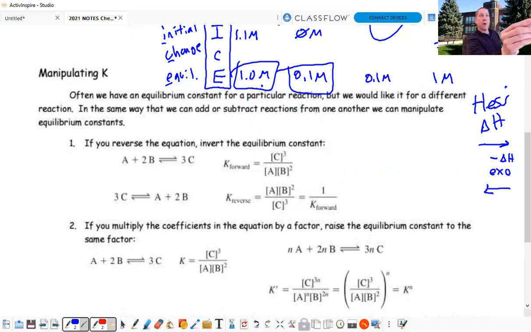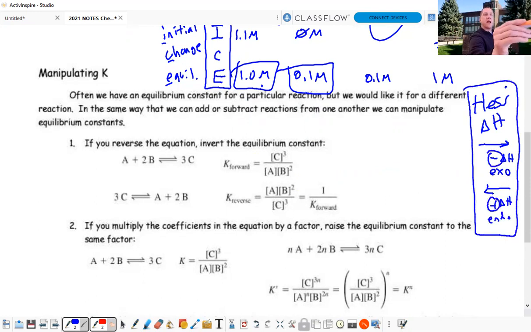If you go the other way, that means it's a positive delta H and you're endothermic. So with Hess's law, all you did was change the sign if you reversed it. Well, this is not the case anymore because we're dealing with physical concentrations, not heat.